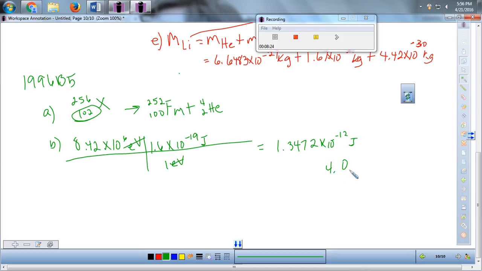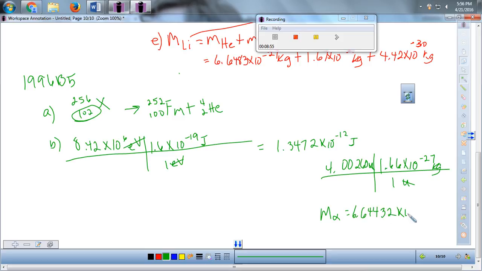Well, it's 4.00260 U. But I have to get it out of U, so that's 1.66 times 10 to the negative 27th kilograms for every 1 U. So the mass of my alpha particle was 6.64432 times 10 to the negative 27th kilograms.